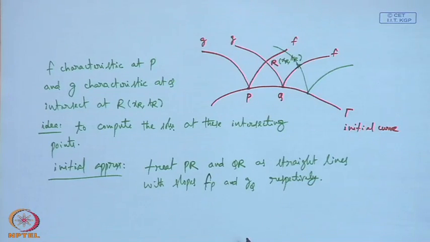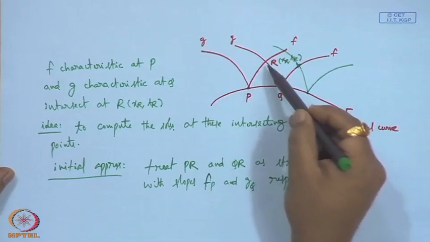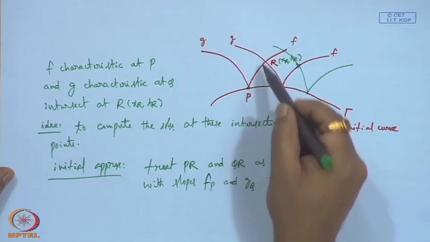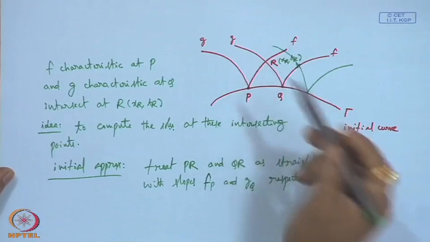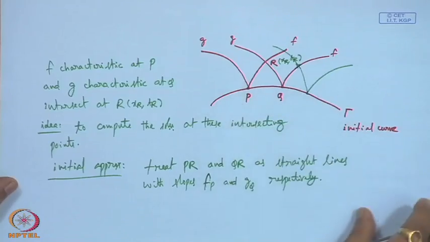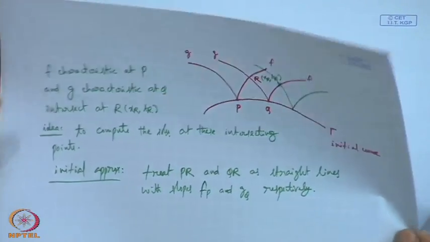So, the idea is we would like to make use of these straight line approximations with the slope F p and this is G q, and interpolate and compute the solution.